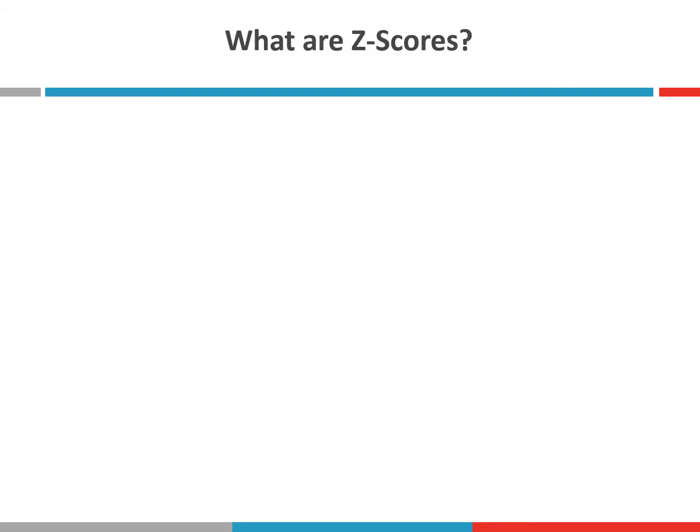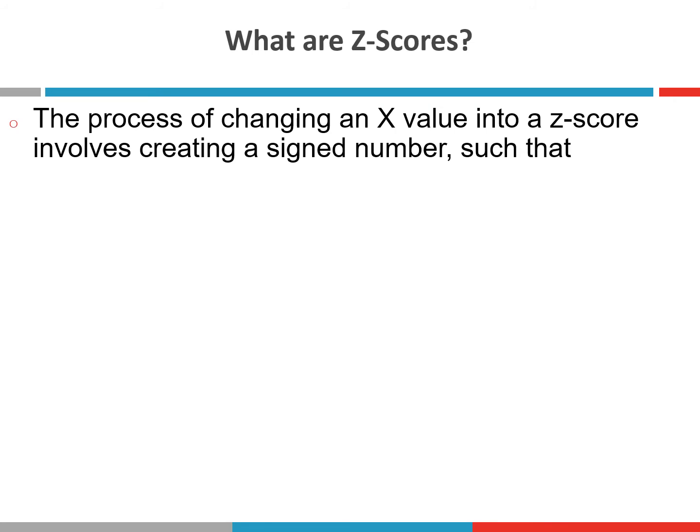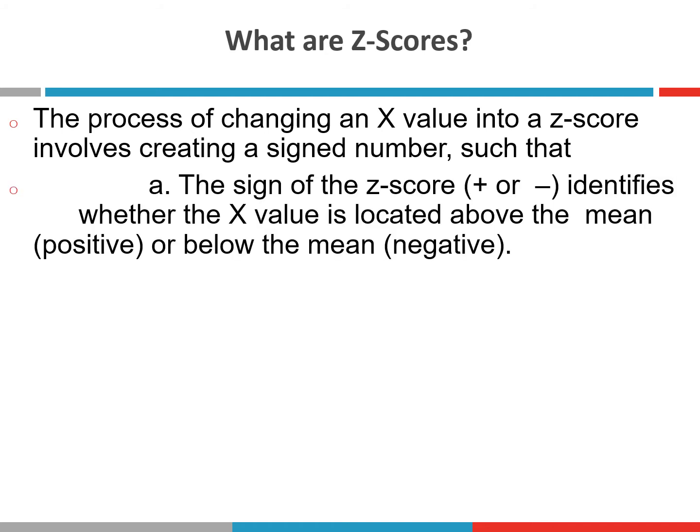Just to recap, when we change a given value of x into a z-score, essentially what we're creating is a number where the sign of the z-score, whether it's positive or negative, tells us whether that individual score or value of x is located above the mean or below the mean. If it's positive, it's above.